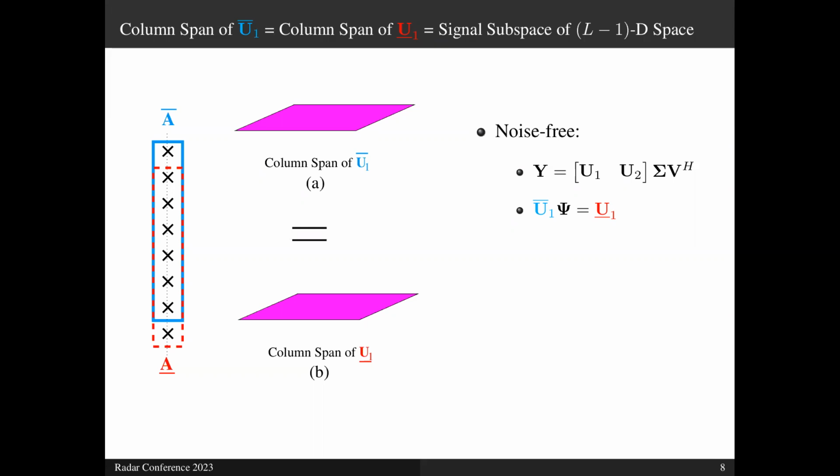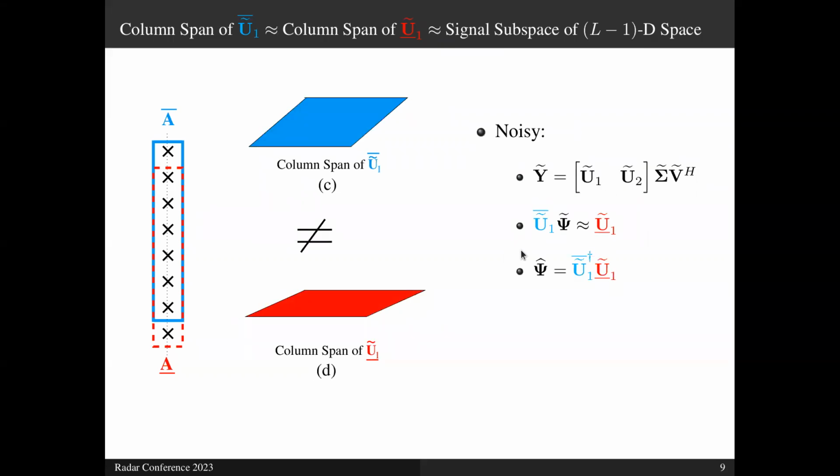But in reality, our data is going to have some noise, so we can't get U1 exactly. So let's see what happens when we have noise. When there is noise, we represent our data matrix and all other similar terms using the tilde symbol. In this case also, we can perform the SVD of the data matrix, and we have this perturbed version of the singular vectors and singular values.